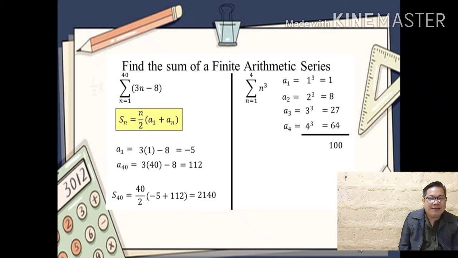Dahil ang sinasabi natin dito ay summation, ibig sabihin, hahanapin natin yung sum. So, 1 plus 8 ay 9. 9 plus 27 is 36, then 36 plus 64 equals 100. Hindi natin ginamit ang formula dito kasi hindi siya arithmetic sequence. Magkakaiba ang kanyang common difference.